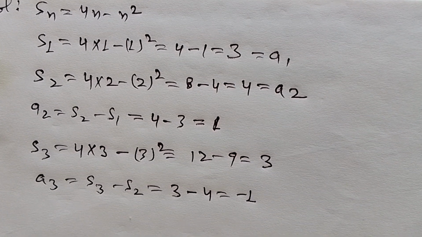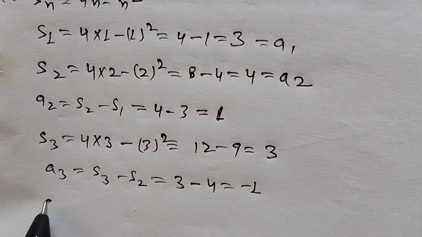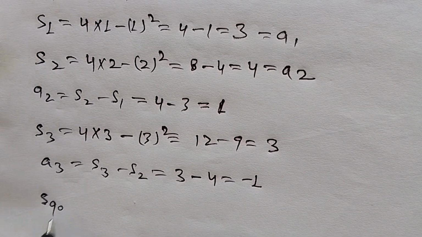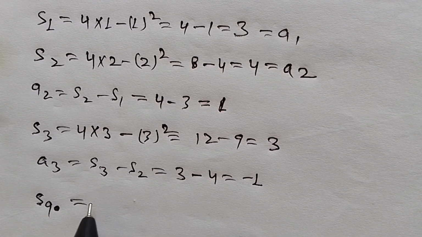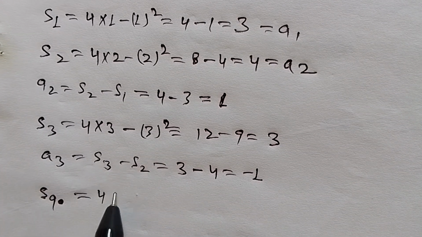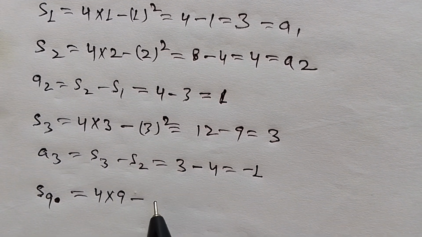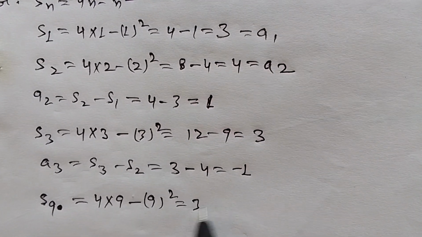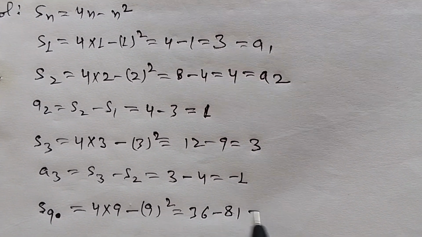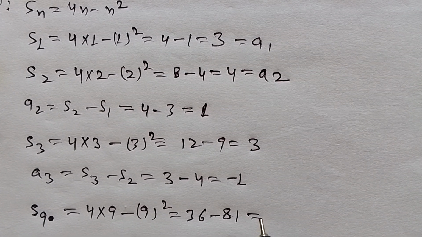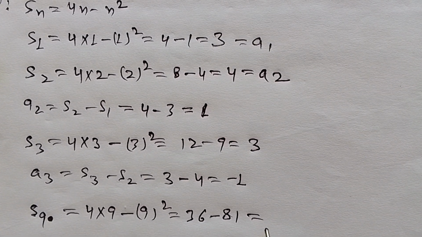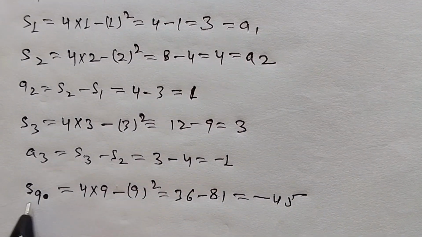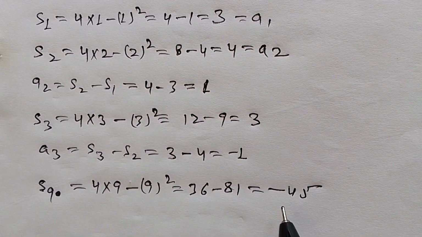So now we will calculate S10, but first S9. For calculating S9 we will put n as 9, 4 multiplied by 9 minus 9 square, so it comes out to be 36 minus 81, which is minus 45.